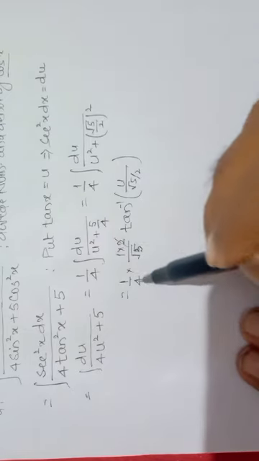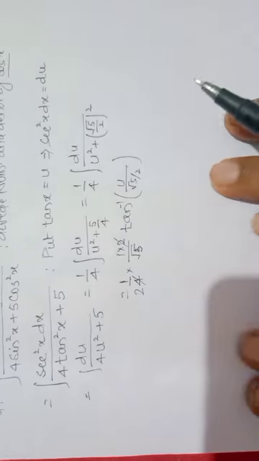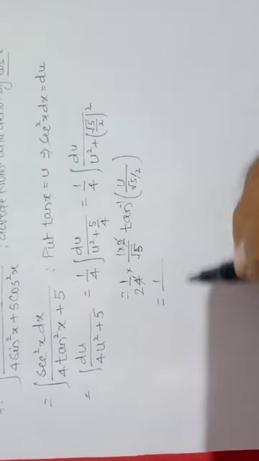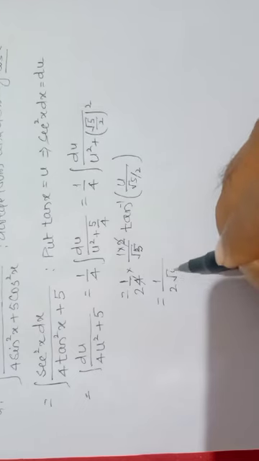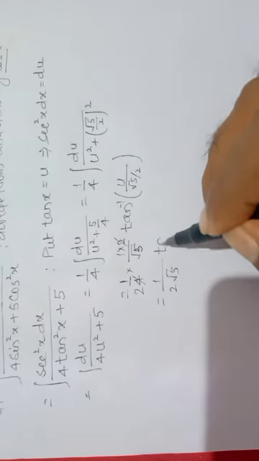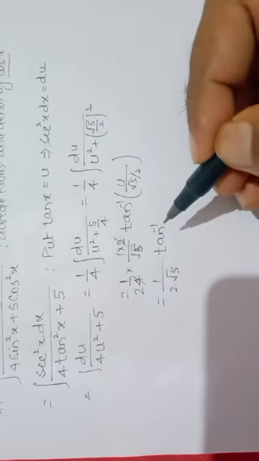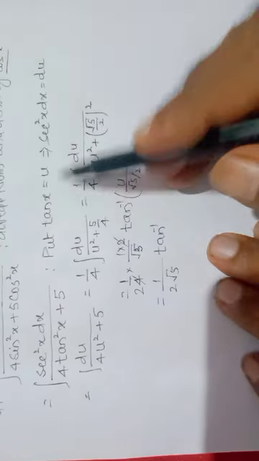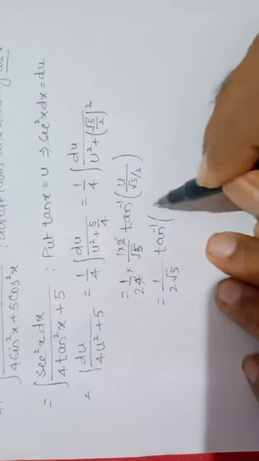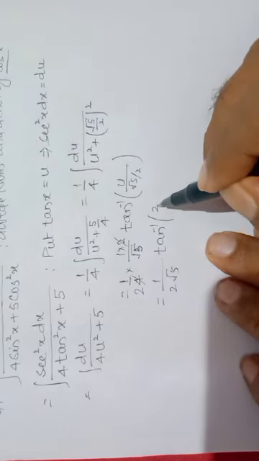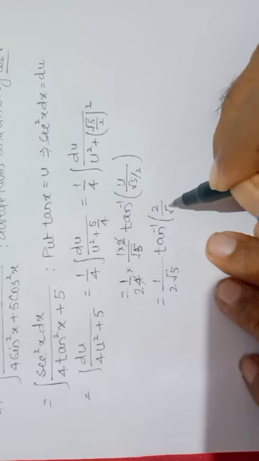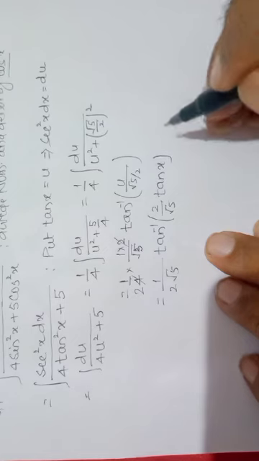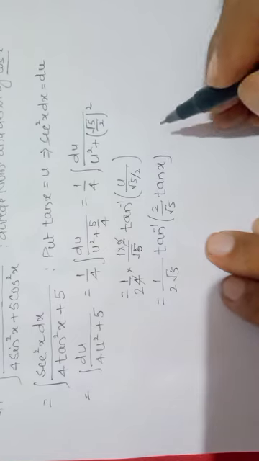This 2 and 4 should cancel here. So we write it as 1 upon 2 root 5 tan inverse of u. u is tan x. So we write 2 by root 5 tan x plus integral constant c.